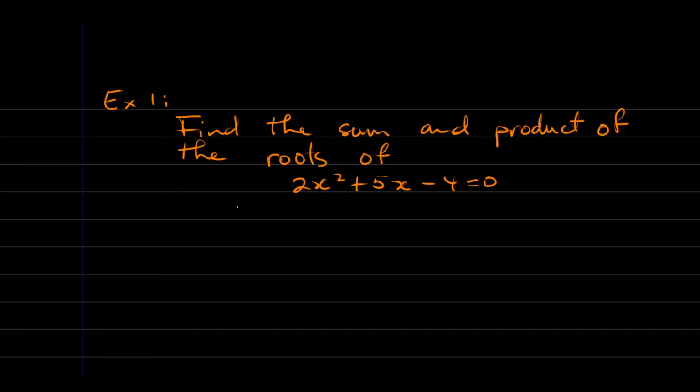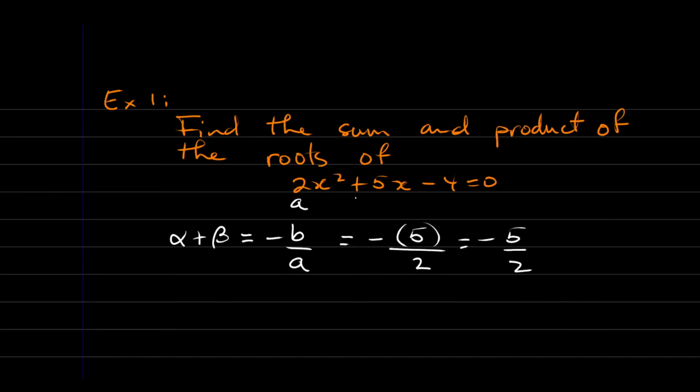And let's start by first isolating everything that we need. We know that alpha plus beta is equal to minus b over a. So I'm going to take minus, b is 5 in this case, and a is 2 here, so we get minus 5 over 2.